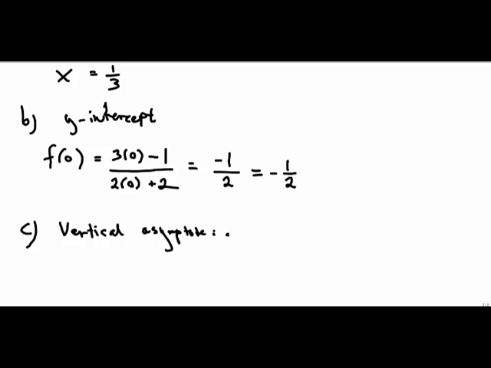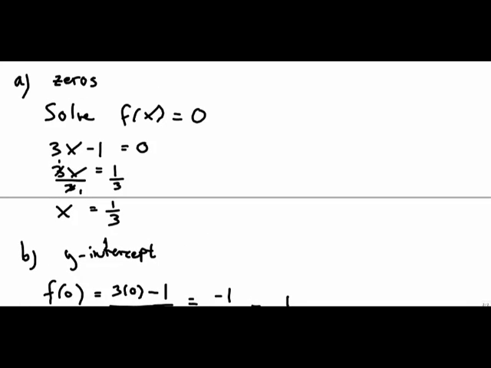Vertical asymptote. So once again, if we have the coordinate system, our function might look something like, in general, well, actually, let's have a look at what we have so far.